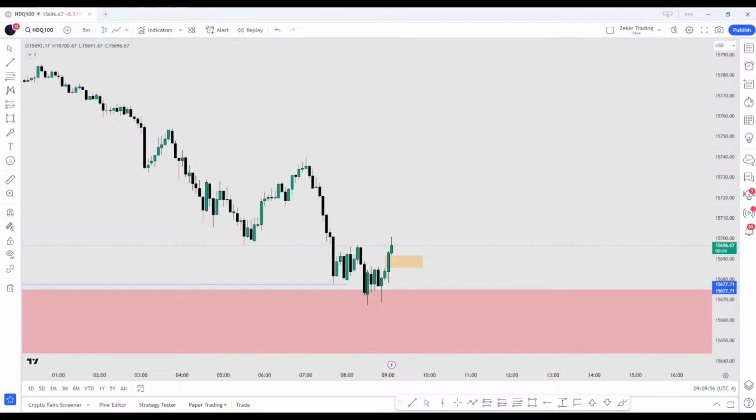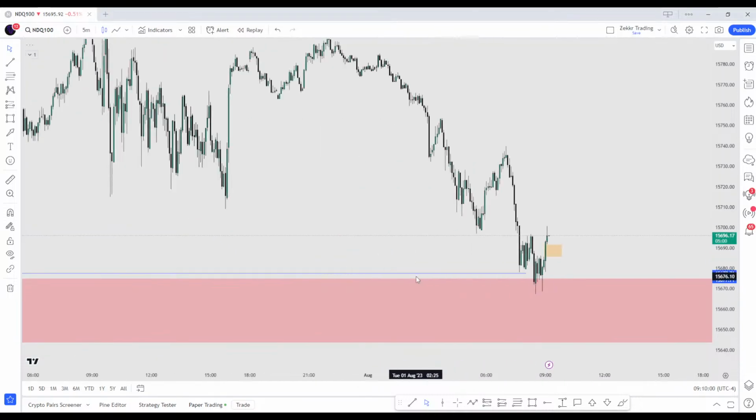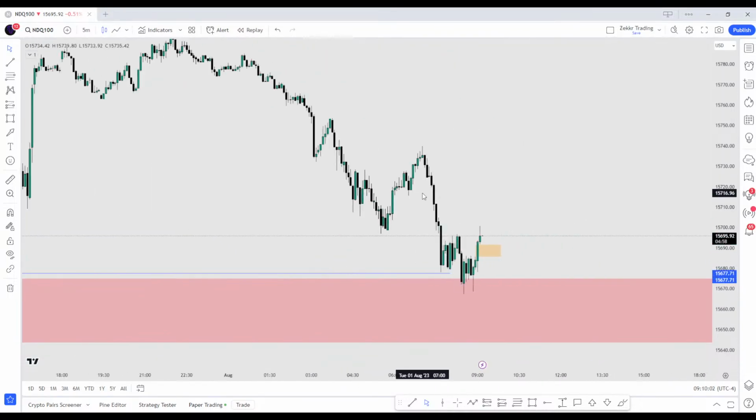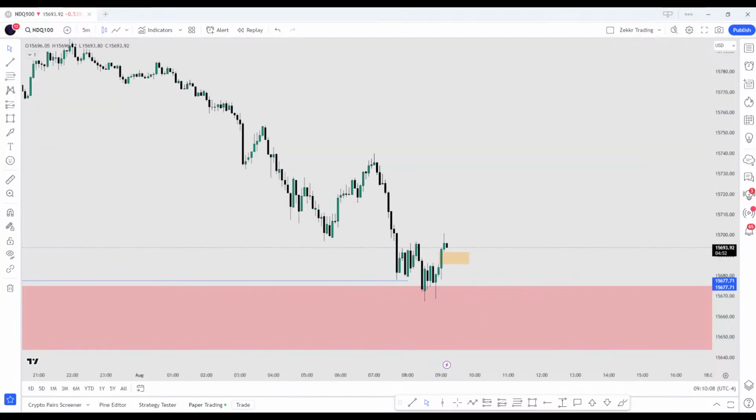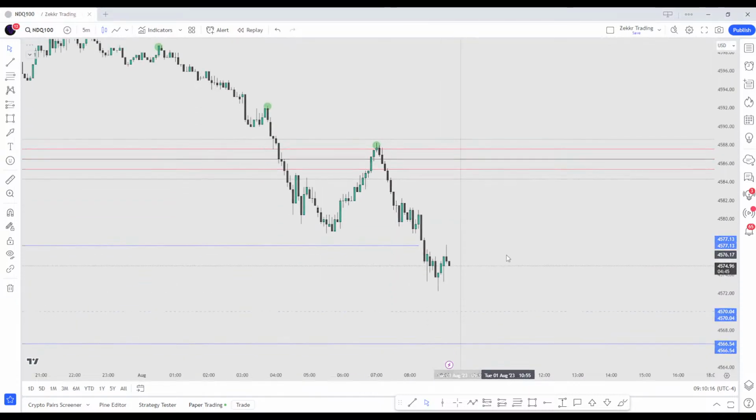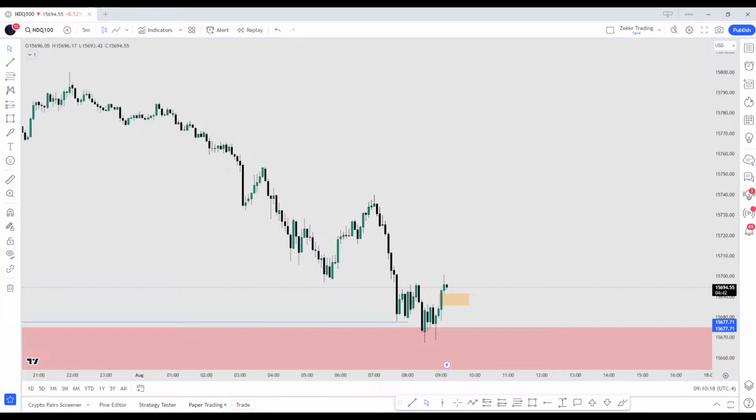I don't really trade Nasdaq, so too close to opening. Otherwise, I would have entered. Yeah, it's very close. So we have to wait. Just sit on our hands, and we'll see. SPX doesn't have much displacement either, so I'll just wait.